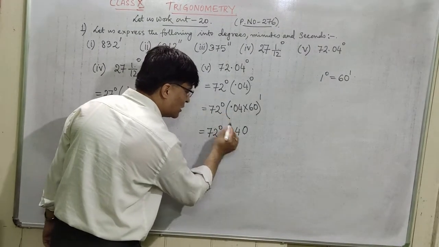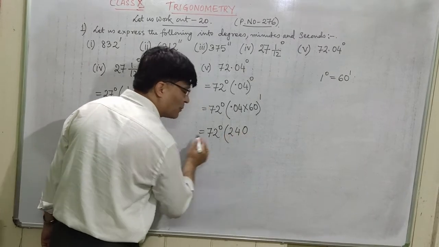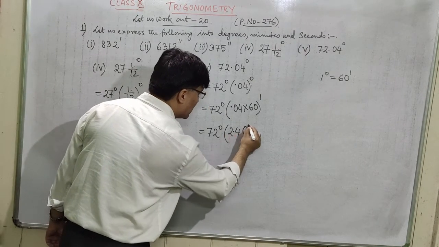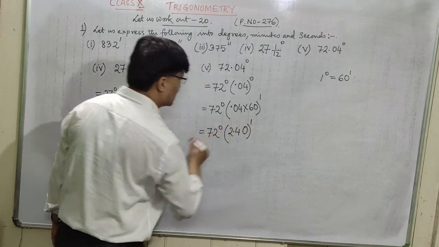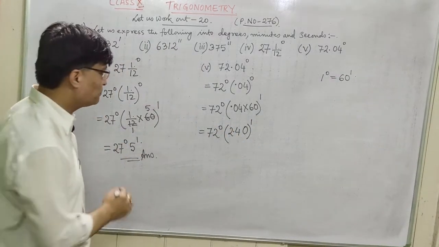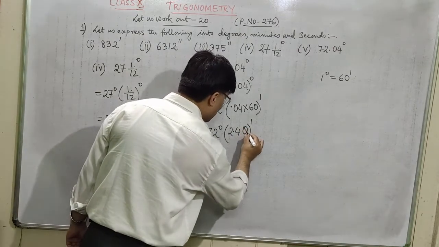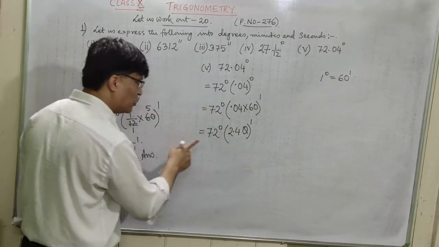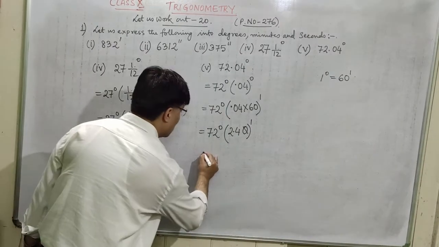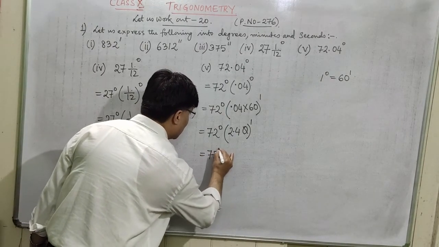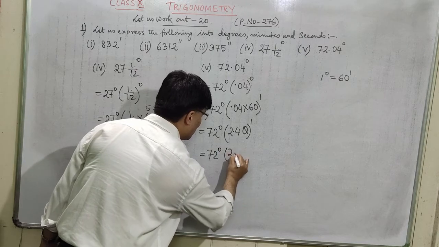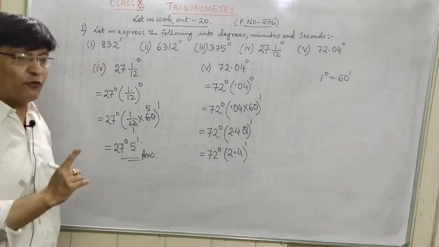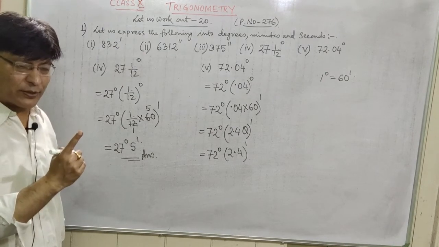So you have to write down the decimal point before 2 figures from the end. That is 0.24 minutes. Is that clear? So this 0 can be cancelled after the decimal point, 2.40. So we get here 72 degree and 2.4 minutes.